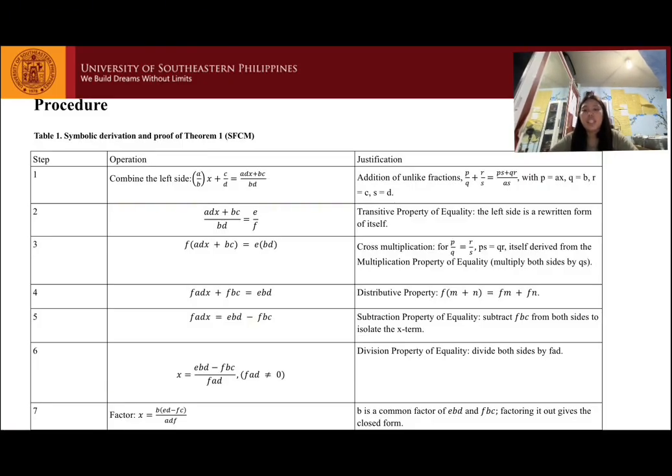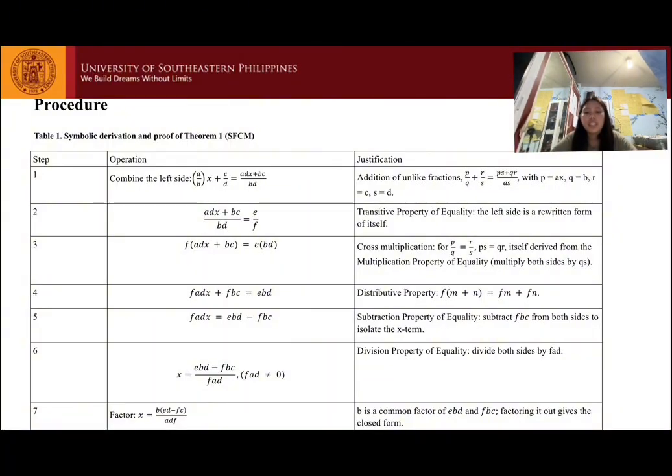For step 3, apply cross multiplication. Since both sides are now expressed as fractions, we can apply cross multiplication, also known as the means extremes property. Instead of finding one least common denominator across all fractions, cross multiplication directly removes the denominators by multiplying the numerator of one fraction with the denominator of the other and vice versa.